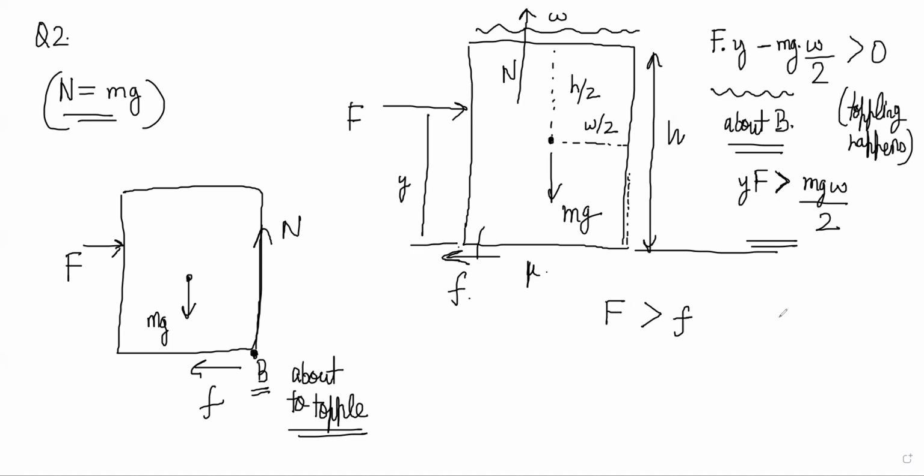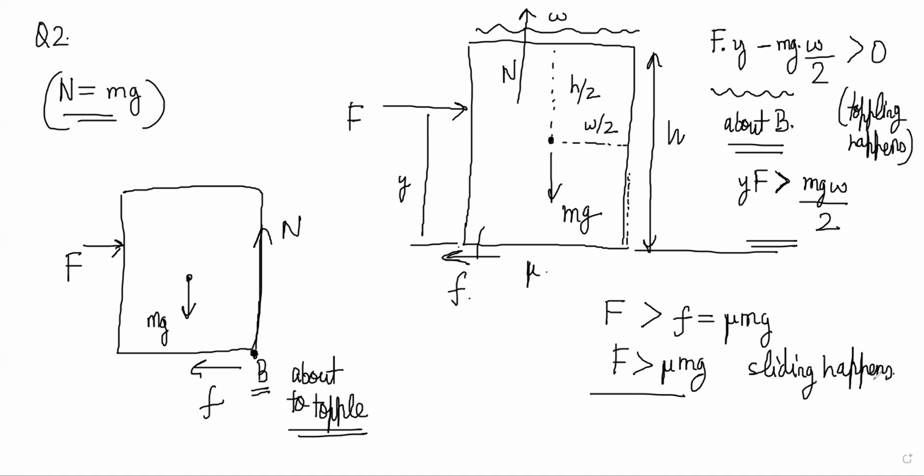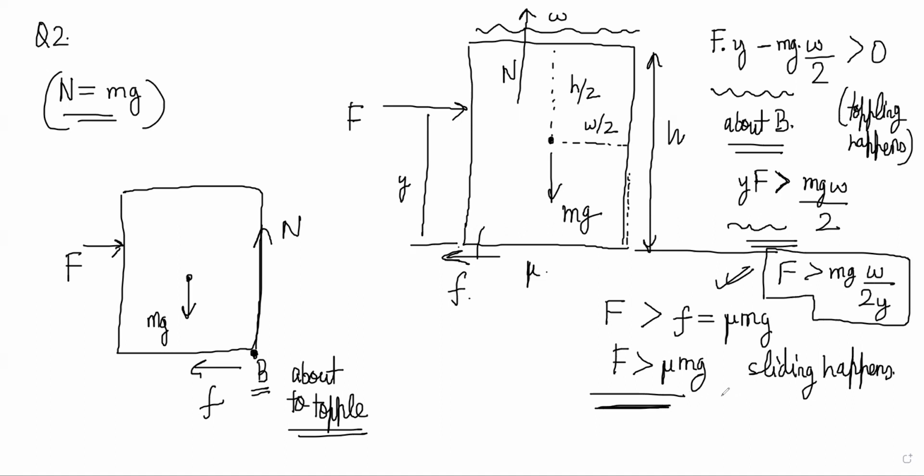So if F is bigger than f, which is mu mg, if F is bigger than mu mg, then sliding happens, right? So what we can say is toppling happens when F is greater than mg W by 2y. This was the condition for toppling, and this is the condition for sliding, right?